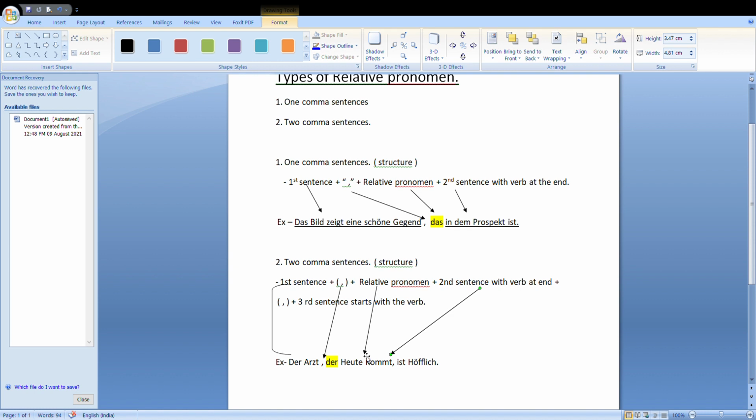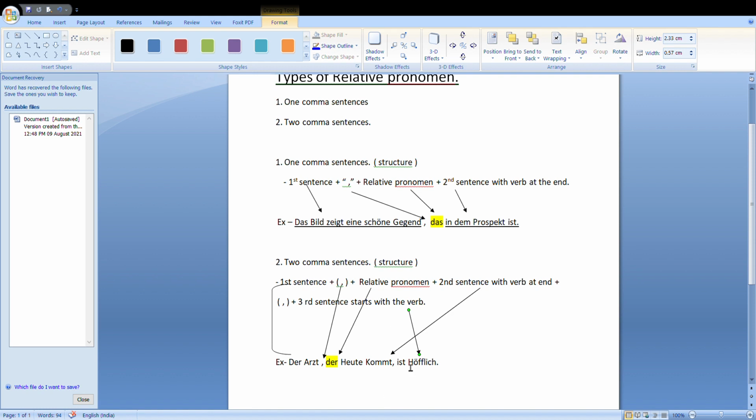Sorry, the arrow was in the wrong direction. So this is the relative pronoun, this is the comma, this is our second sentence in which the verb comes at the end, and at the very end this is our third sentence, which starts with a verb.